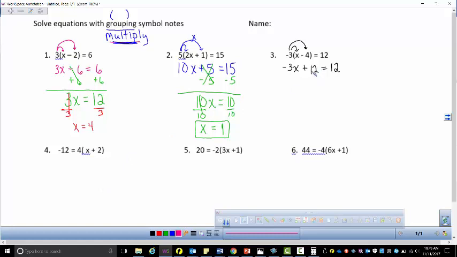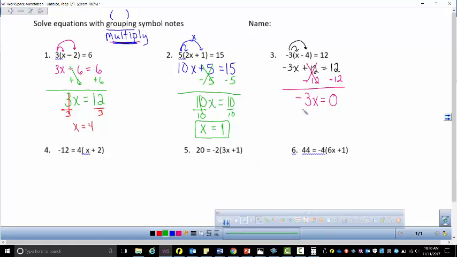Okay, now we go back to what we've been doing. I minus 12. This side cancels, and I copy down negative 3x equals 12 minus 12. It's just 0.